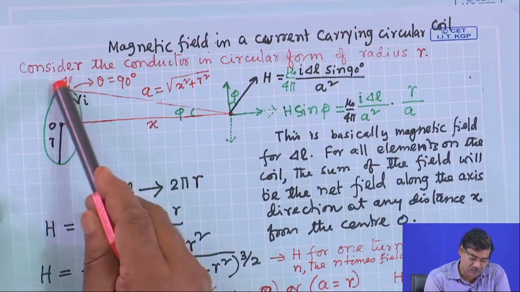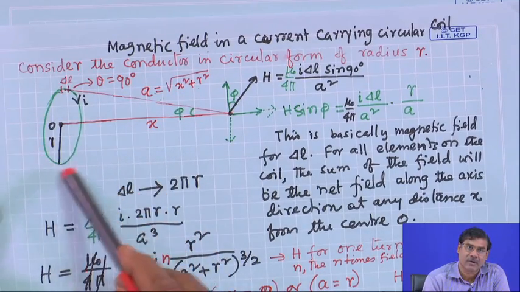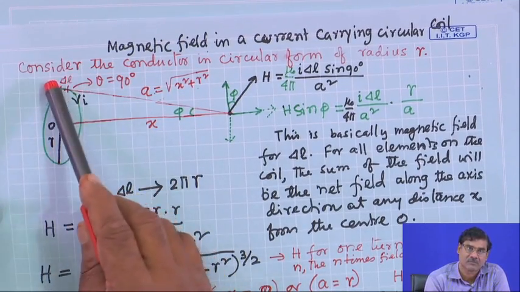Okay. So, this is the form of the coil, it is a circular form.